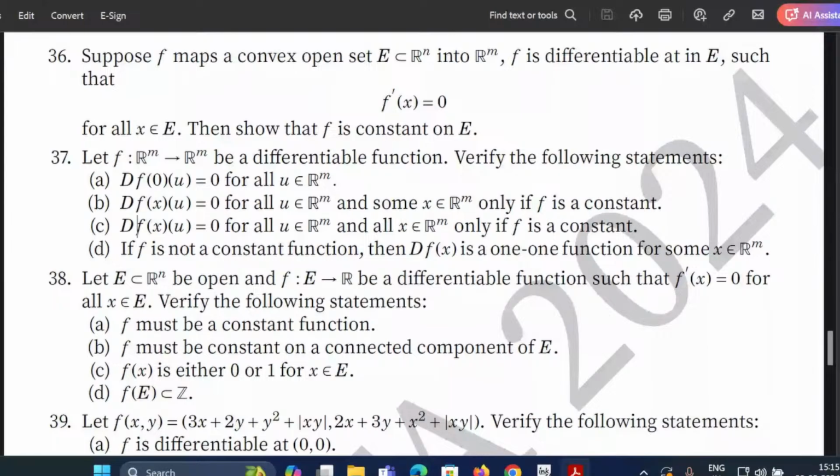Okay. Now question number 38. Try to solve question number 38.